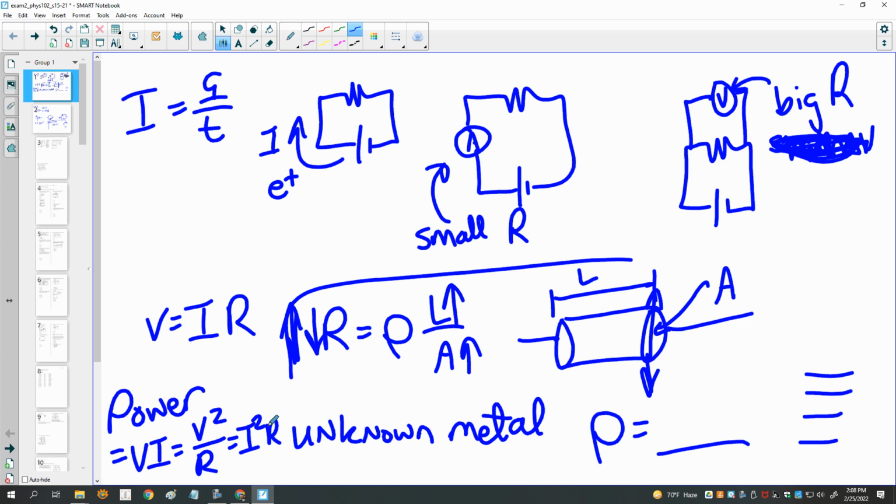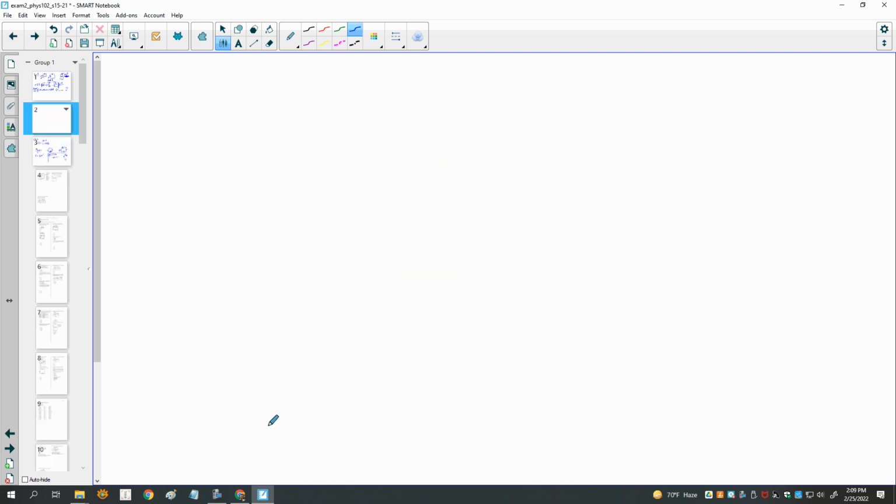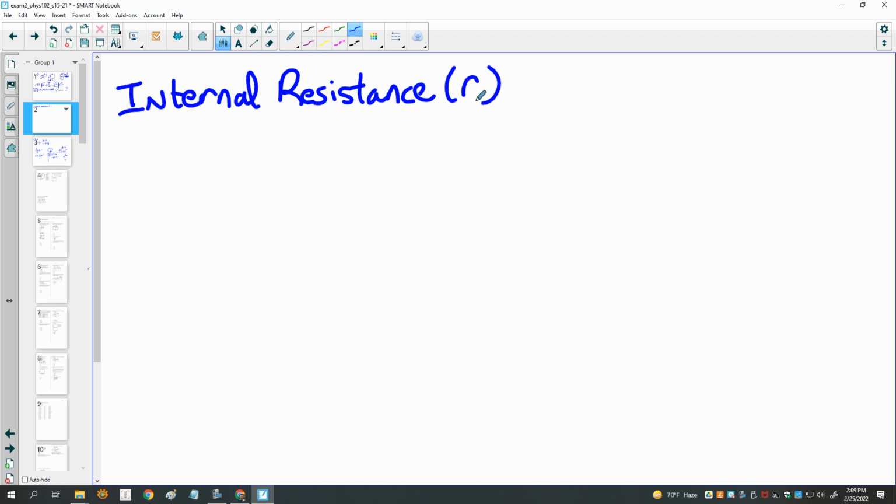Now, finally, in chapter 4, we have our DC circuits. And in that, you're going to first see the idea of internal resistance. Remember, we use the lowercase r for this. The internal resistance is if I have a battery, that battery is not perfect.